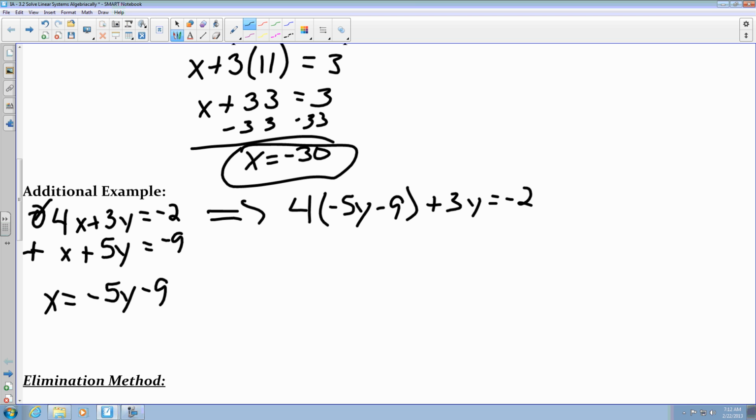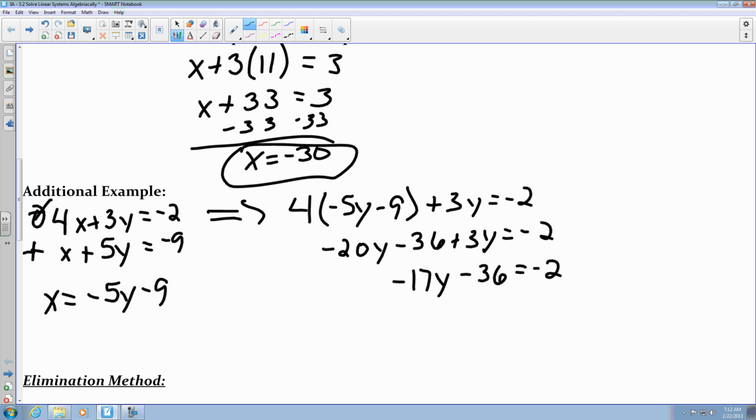So I'm going to distribute that 4, so I got -20y minus 36 plus 3y equals -2. I'm going to combine like terms, so I got -17y minus 36 equals -2. I'm going to add 36 to both sides. So I got -17y equals, what, 34? And my y here is going to equal -2.